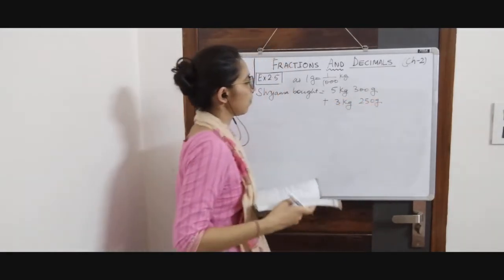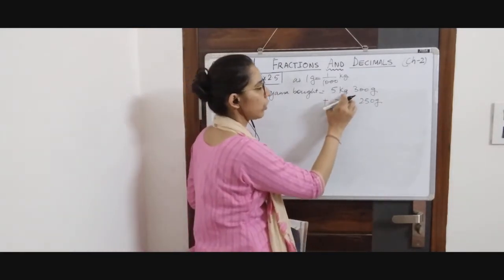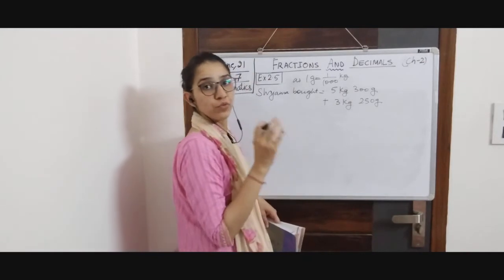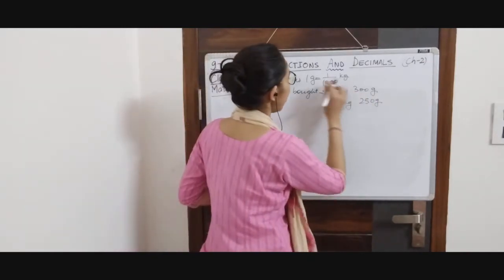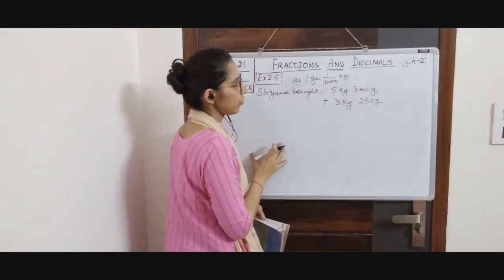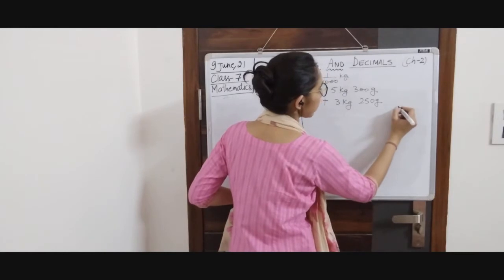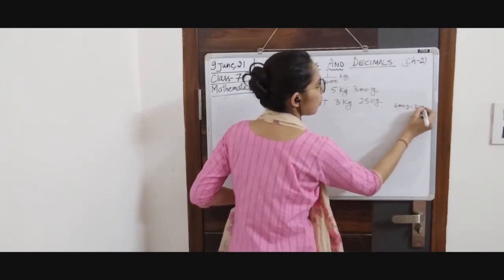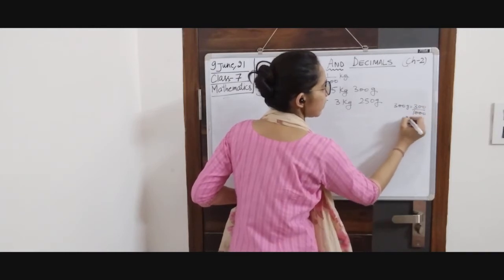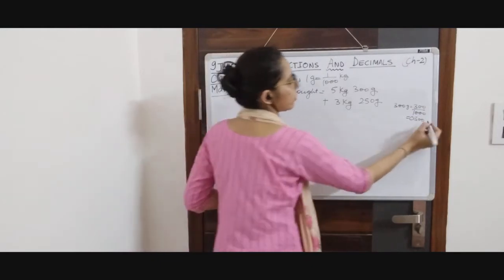Okay. Now we have our amounts in 2 units, kilogram as well as gram. So we will convert gram to kilogram. As 1 gram is equal to 1 by 1000 kg, you can use that conversion. 300 grams will be equal to 300 by 1000, that is 0.300 kg.